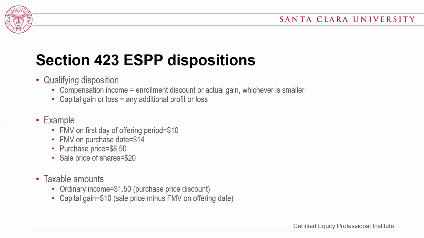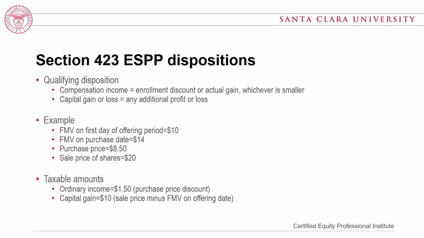So if we look at the slide, which is talking about a qualifying disposition, fair market value on the first day of the offering period is 10. Fair market value on the purchase date is 14. The purchase price, this has a look back, so it's the lower of the two, and it has a 15% discount.